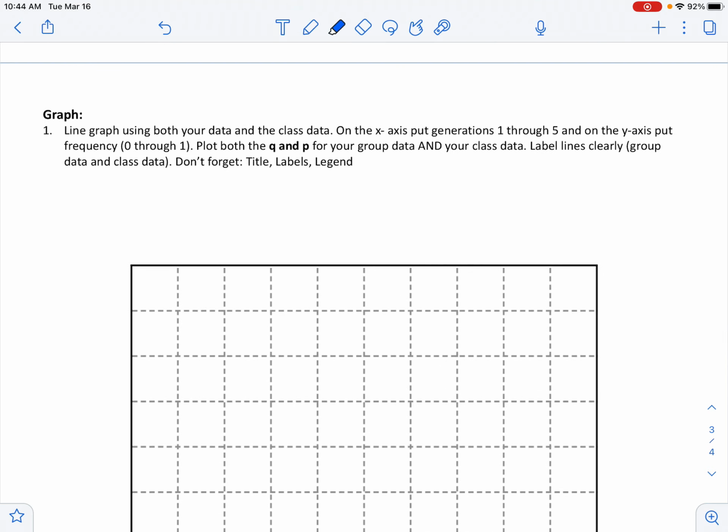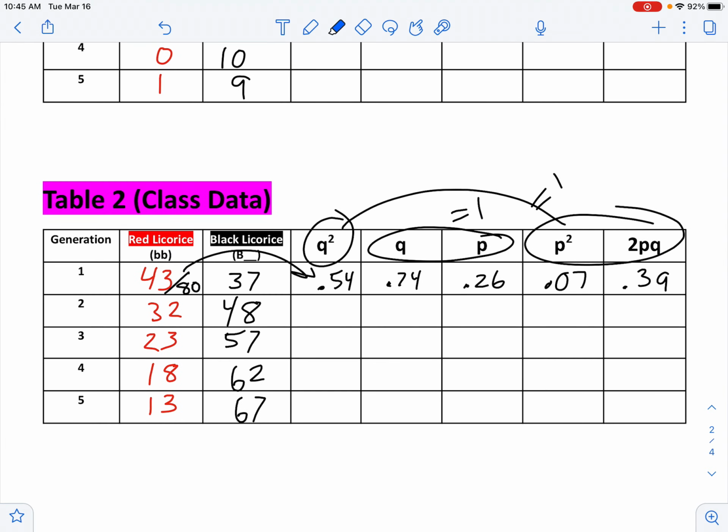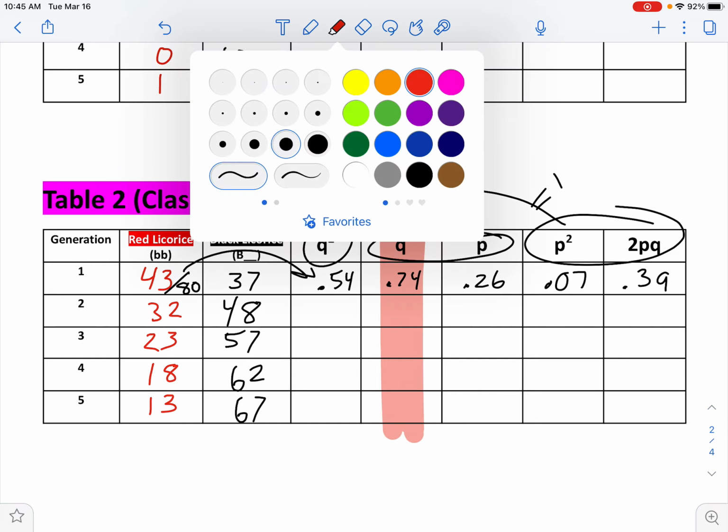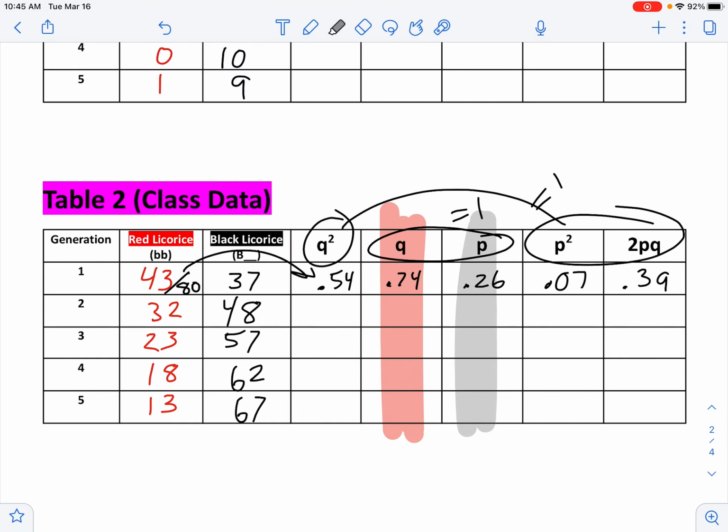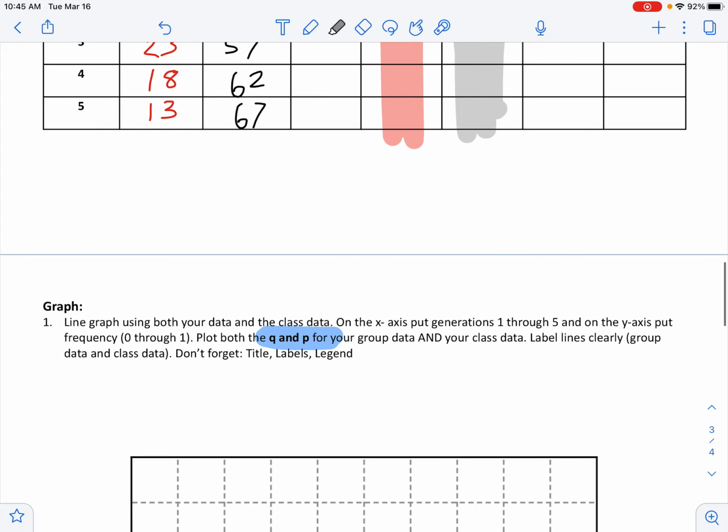So don't forget our acronym DRY MIX, right? So if we're going to plot the Q and P values, you might want to use a key where Q is a red dot, because it's representing the lowercase red licorice allele, and P is a black dot or something like that because it's representing the black licorice, uppercase B allele.